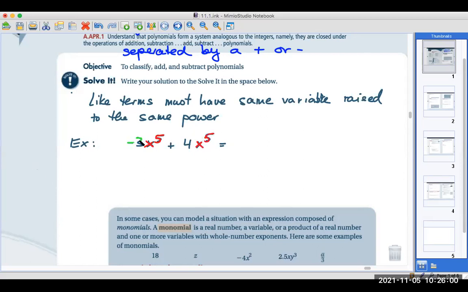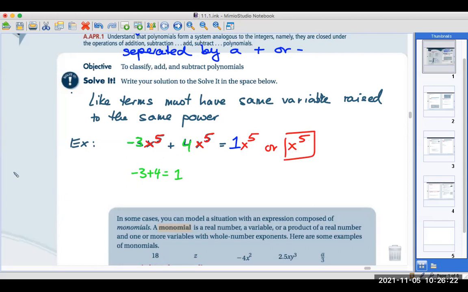These numbers are called coefficients. So it's really negative 3 plus 4 is positive 1. So that makes it 1x to the 5th. You don't mess around with the variables. You just rewrite them. Or simply x to the 5th is better.